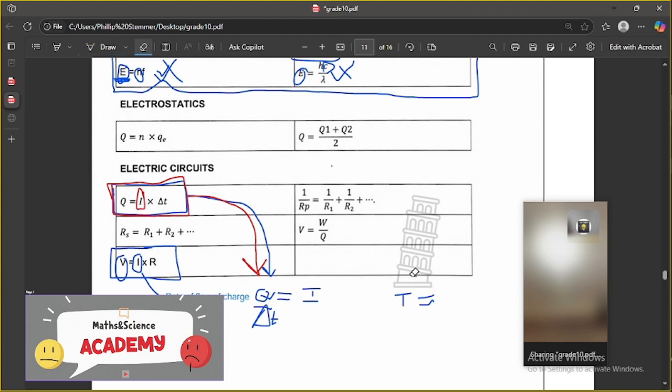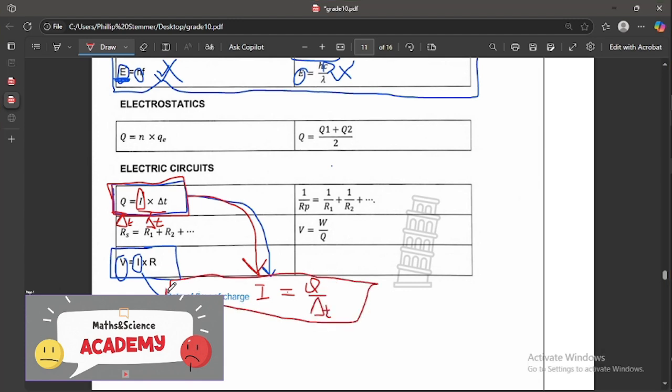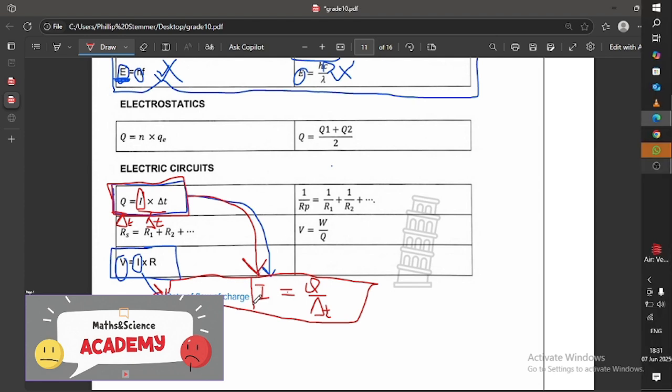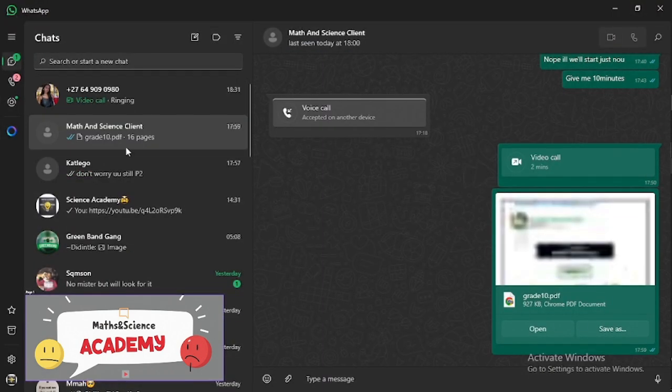Let me make this simple: we make I the subject and divide by delta T, so I is given by Q over delta T. That's the rate of charge. This is basically the definition of current. When asked to define current, you just say current is the rate of charge.